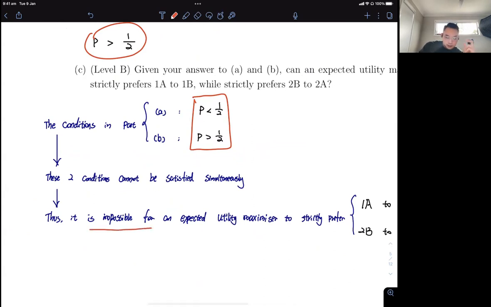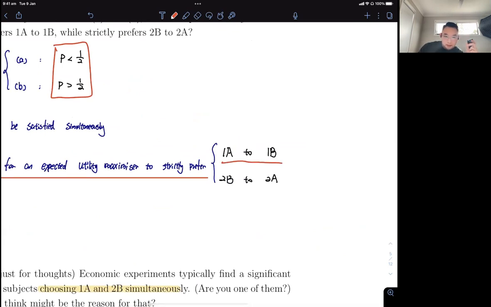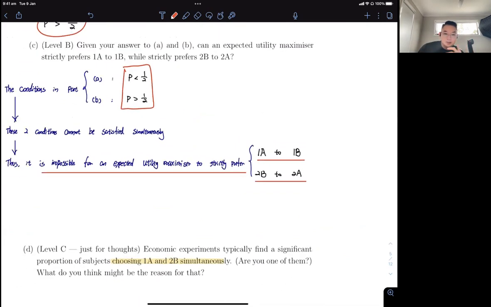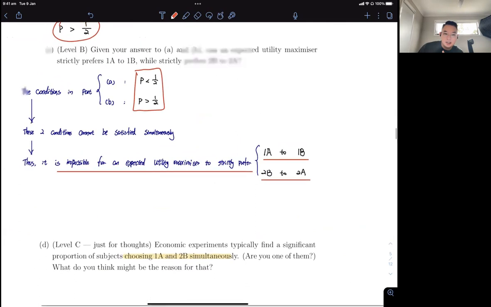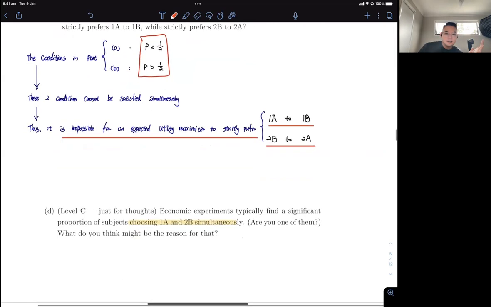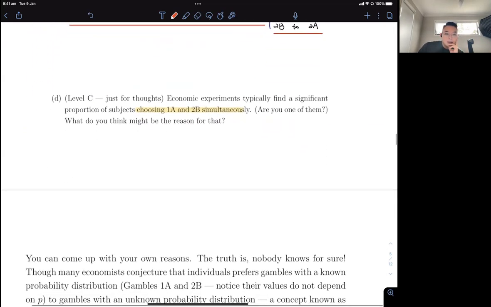So it is impossible for an expected utility maximizer to strictly prefer 1A to 1B and 2B to 2A at the same time. Otherwise, this is a contradiction, and this person will not be a utility maximizer. He's making his decision based on some other factors instead of utilities.